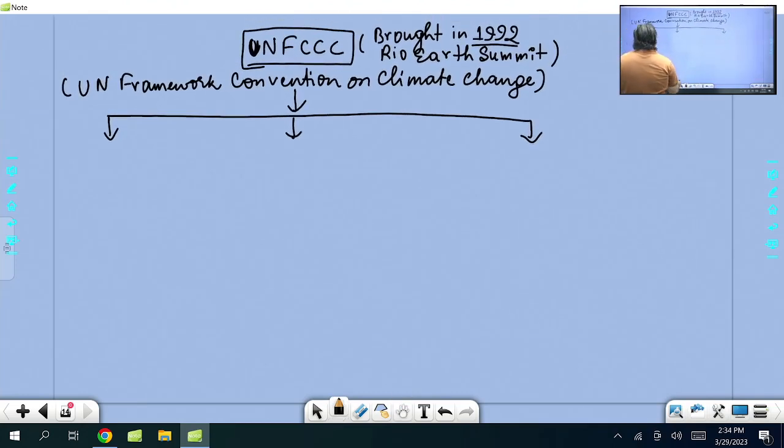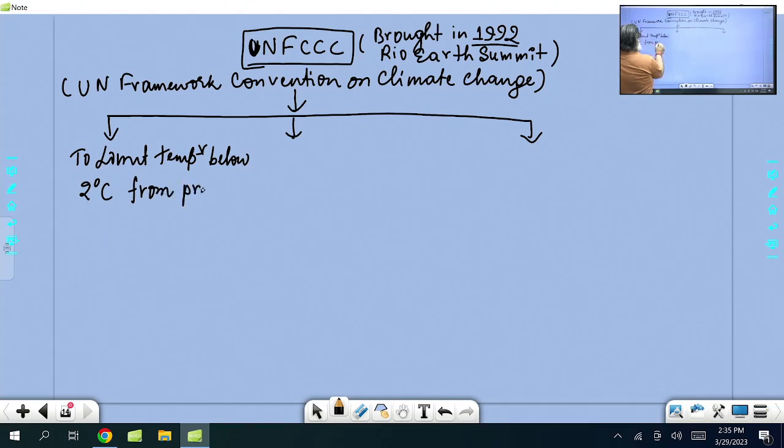The first objective is to limit the temperature to below 2 degrees Celsius from the pre-industrial revolution level by 2100, by the end of the 21st century.